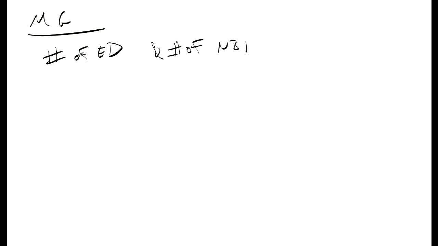Moving from electron domain geometry to molecular geometry, you have to think about non-bonding pairs. So in molecular geometry, you have to know the number of electron domains and the number of non-bonding pairs. Because when you look at the molecule, you see atoms and bonds.